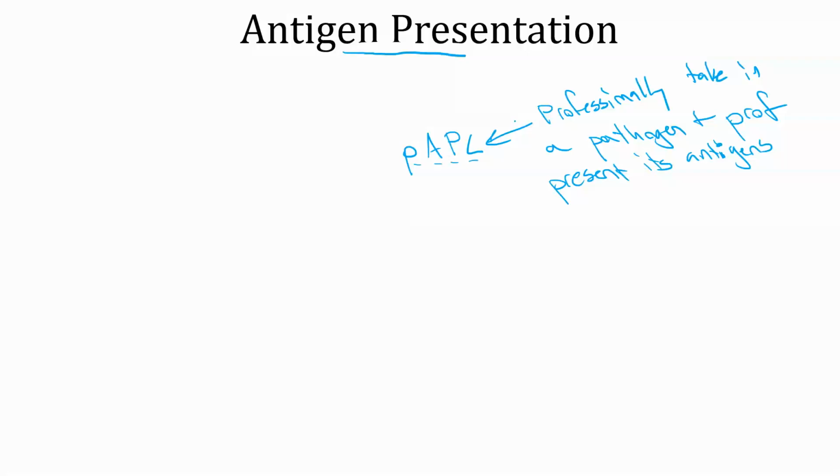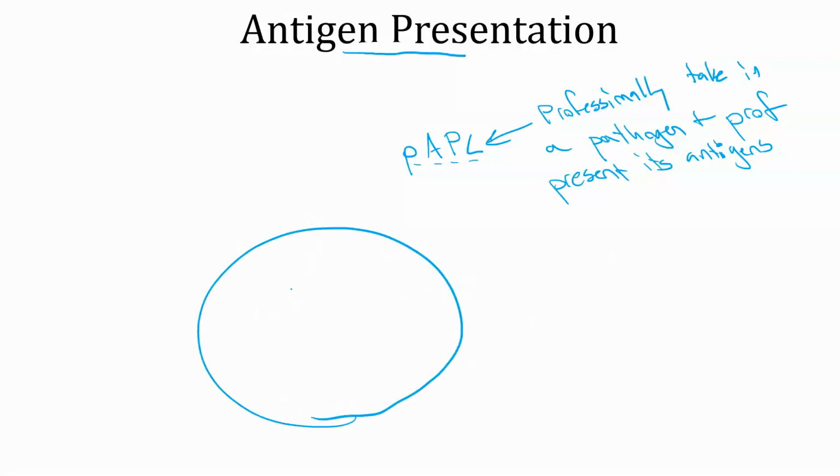When it engulfs the pathogen, it's not being infected by the pathogen, it is actually professionally handling that pathogen by professionally absorbing it. Well, when this is the case, and it's not actually infected by the virus or the bacterium, but it grabs onto it and eats it intentionally, it knows how to present those bits and pieces in a special way.